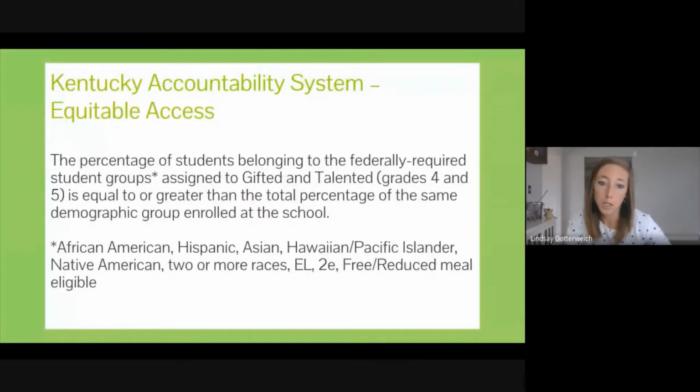So the Kentucky Accountability System does have regulations about how certain populations of students are represented in your gifted programs. And so the percentage of students that belong to certain socioeconomic, racial, linguistic groups in your gifted and talented should match or be greater than the total of those student groups in your school population.